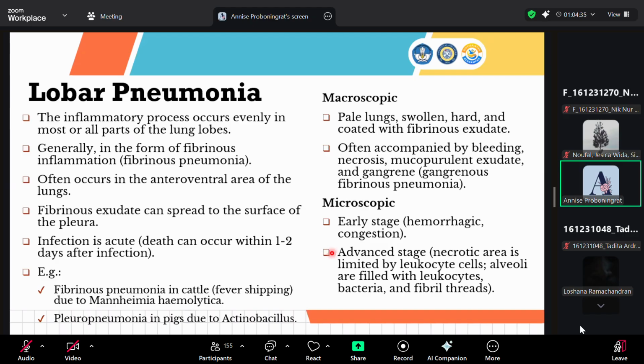For example, fibrinous pneumonia in cattle, in shipping fever disease due to Mannheimia hemolytica infection, and pleuropneumonia in pigs due to Actinobacillus or actinobacillosis.